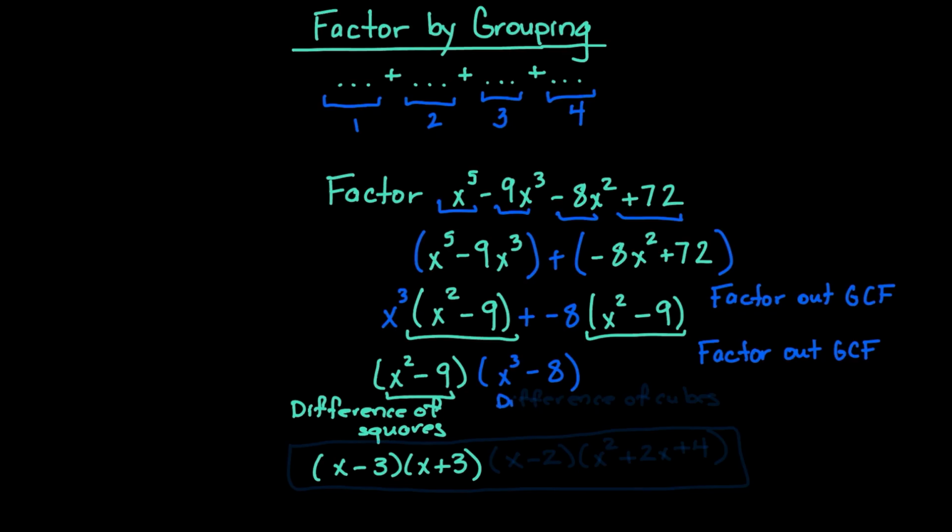And x cubed minus 8 is a difference of cubes. And it will factor into x minus 2, x squared plus 2x plus 4. Now all of our factors are prime.